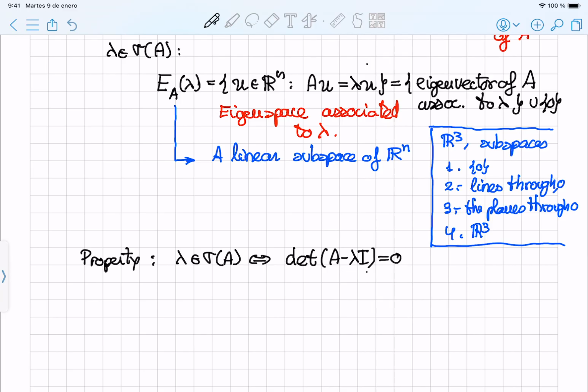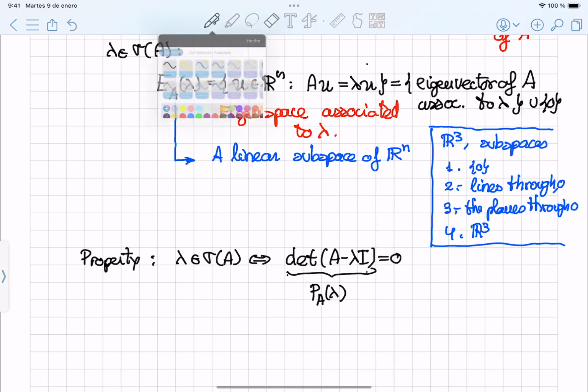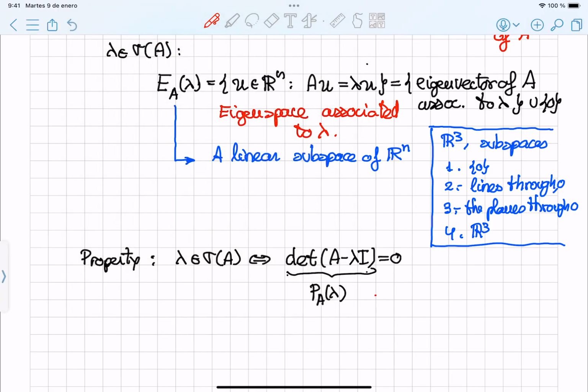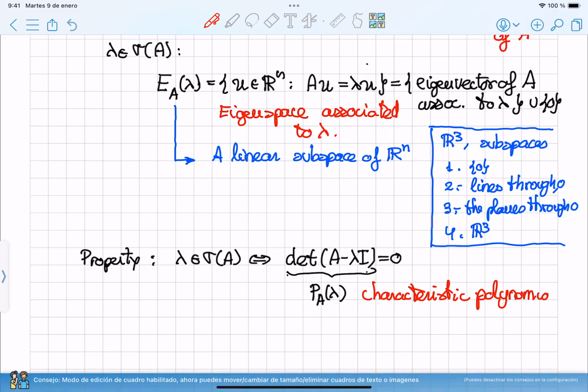This is equivalent. As soon as we are able to find one eigenvector, we have this. And this determinant is given a name, which is called the characteristic polynomial of the matrix.